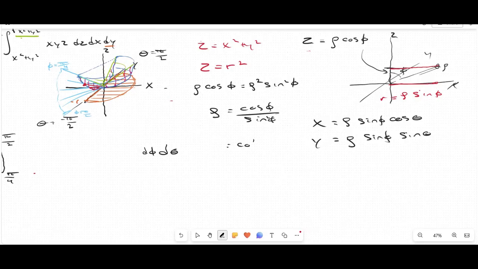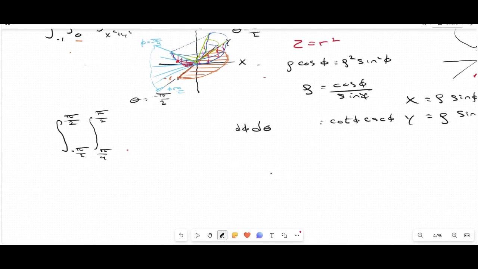That's the cotangent of phi times 1 over the sine, the cosecant of phi. So if rho goes from 0 to cotangent phi cosecant phi, those are the right bounds on rho. I'll put in d rho.